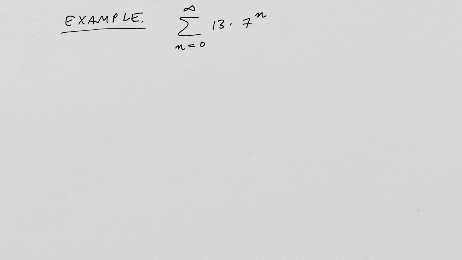How about this geometric series? Well, now our constant a is 13 and our r is 7. Now the absolute value of r is not less than 1. So the series does not converge.